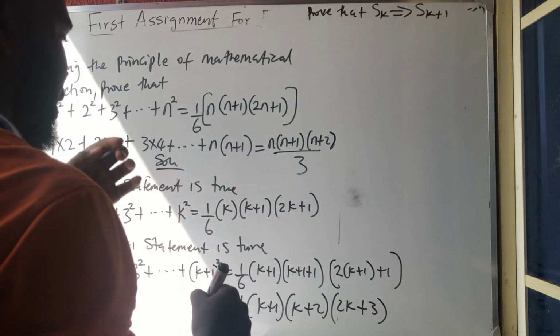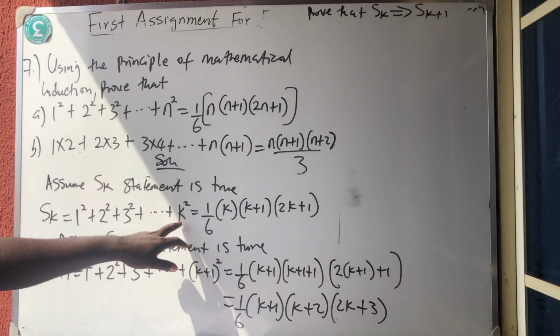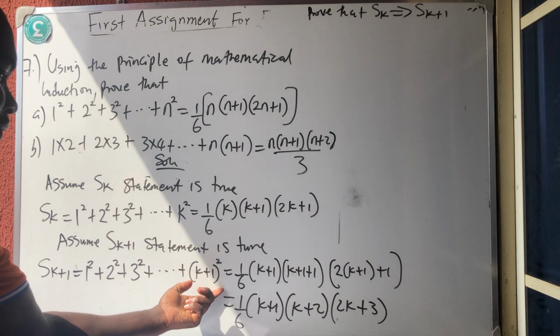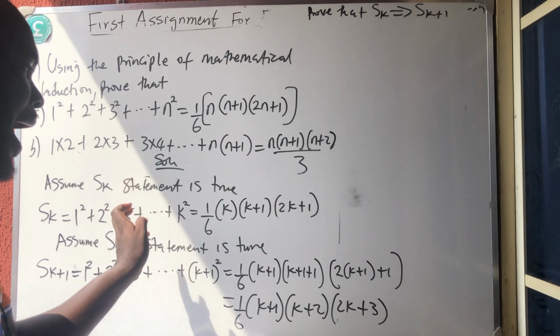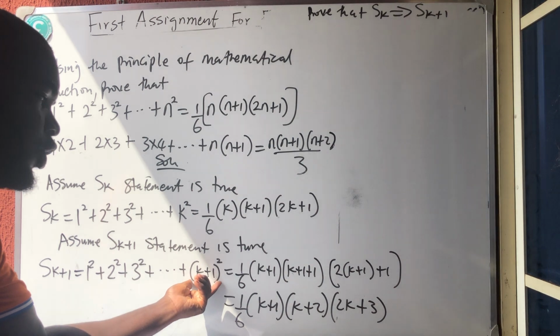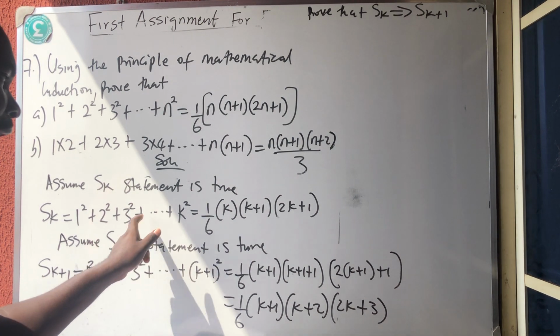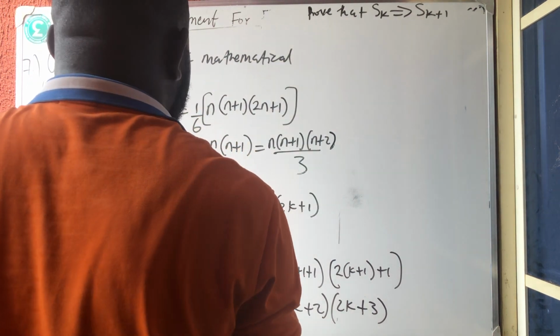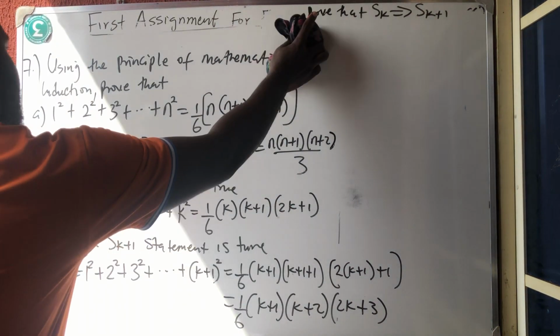What do you do in this case? Simply, if you come to that SK, because I started with SK, carry anything in the left hand side of SK plus 1 and add to both sides of SK. So I'm going to have that my SK, permit me to clean here.